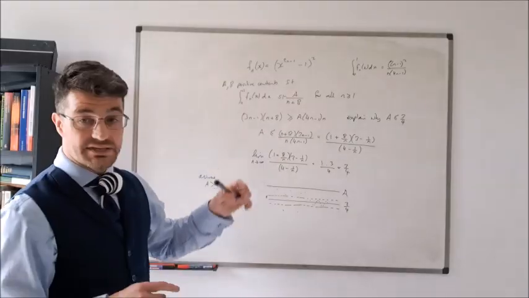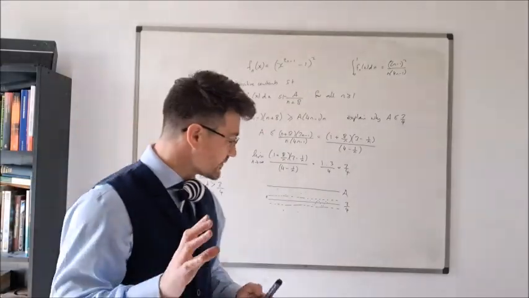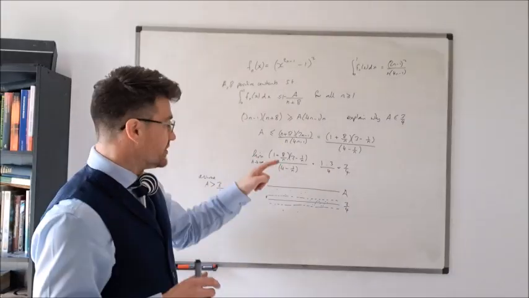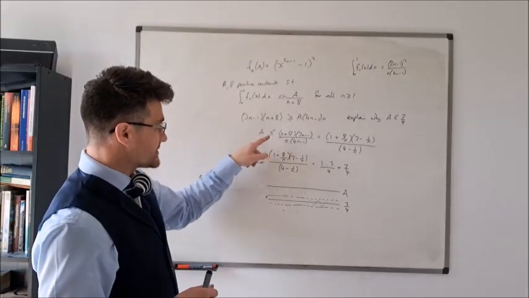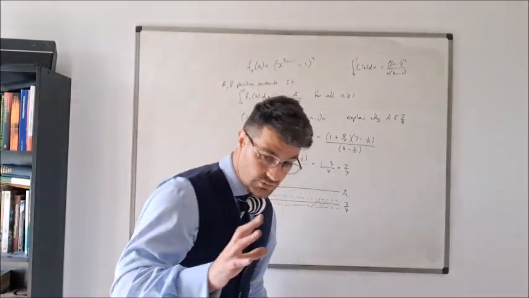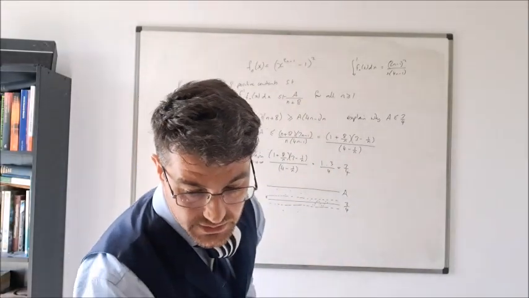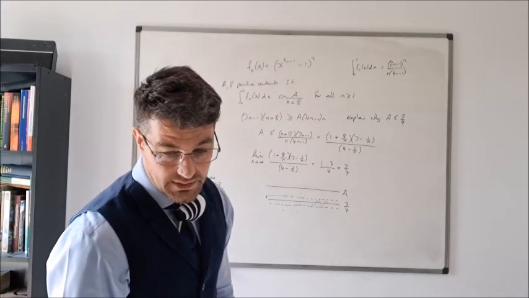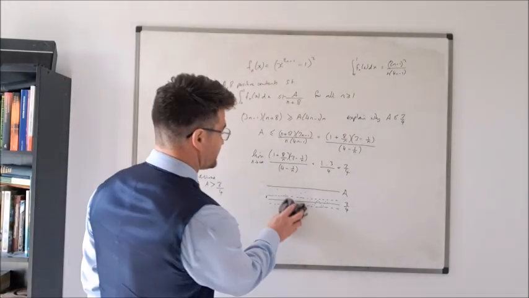But again, B is not chosen arbitrarily. Understand that B has to be so chosen that A does satisfy this inequality for all values of n. So, now we've got that out of the way, let's move on to part 5.